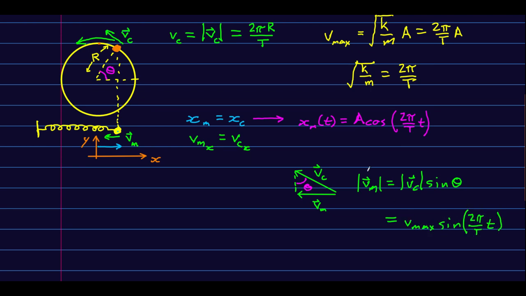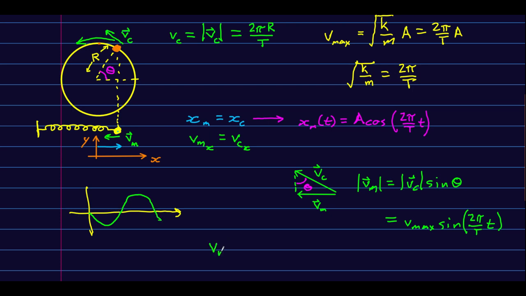There's only one more detail, because note that this is only the magnitude. At the instant shown, you can see that the x component of Vm here is negative. And so what this is showing us is that, in fact, if we graph with these axes what v as a function of t must look like, it must start at 0, it must get negative, eventually turn around and go positive, and this is a negative sine function.